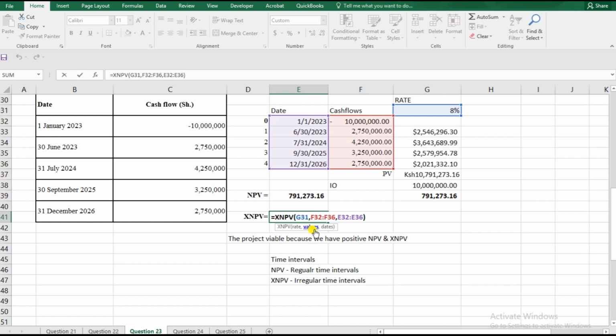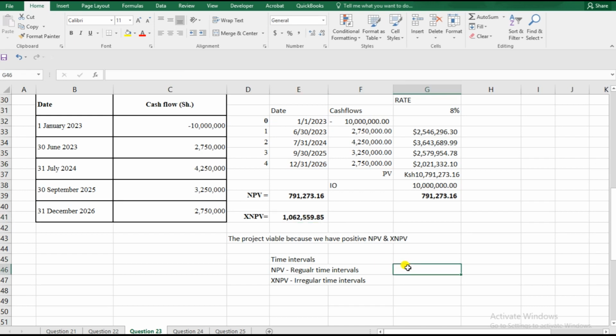When considering the values in computing our NPV, the function does not consider the year of investment, whereas for XNPV, you noted that with our PV, we are considering the year of investment, and as such, it will affect the final results, the discounted figures that we will be having at the end of the day. So these are the two main differences.